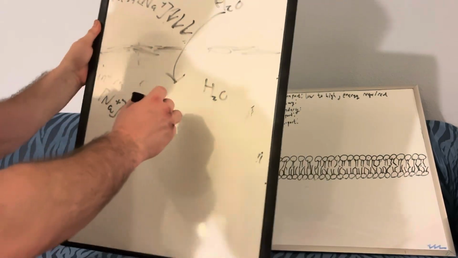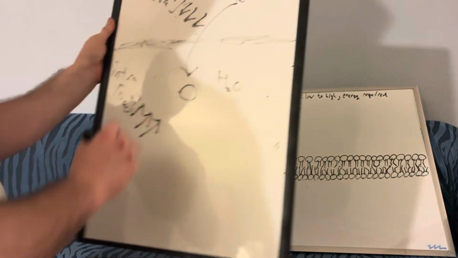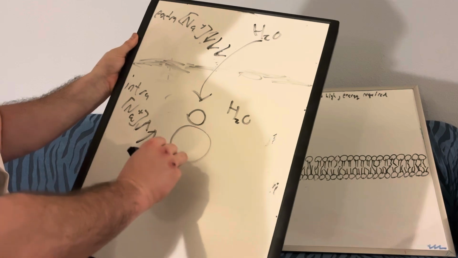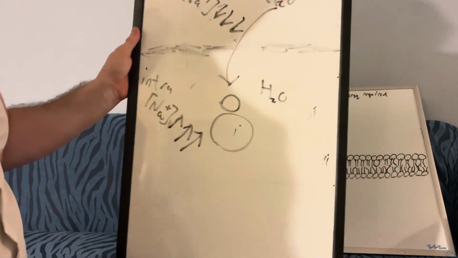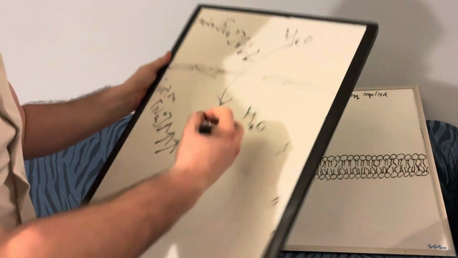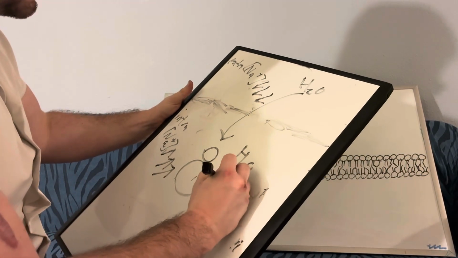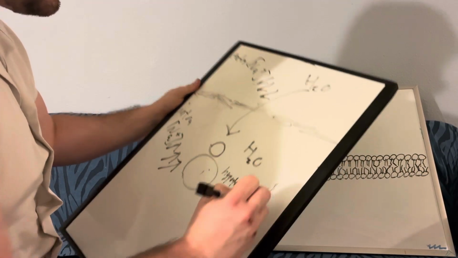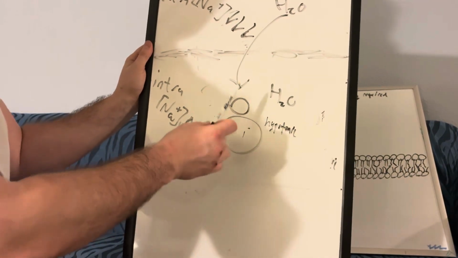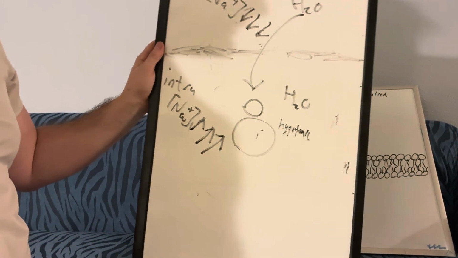So if water is going into my cell, what's going to happen to my beautiful, normal cell? It's going to swell up a bunch because water is going into it. This situation is hypotonic. Hypotonic. This cell is hypotonic compared to the solution it's in.